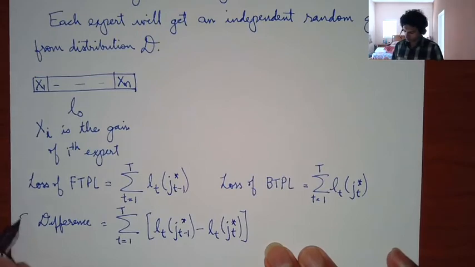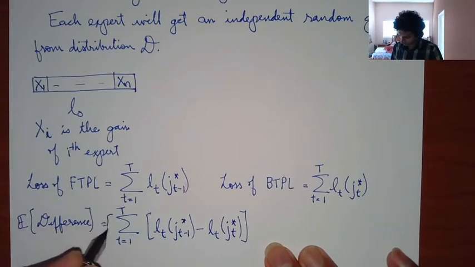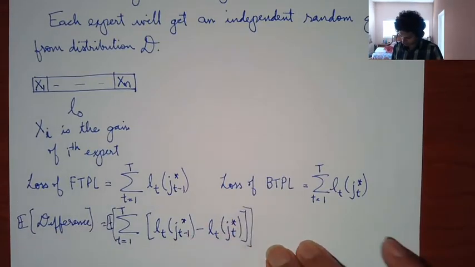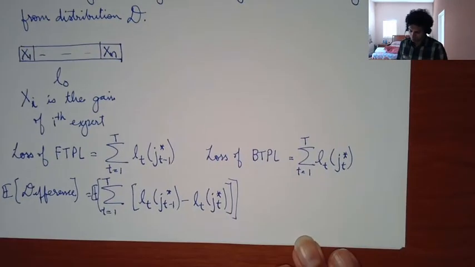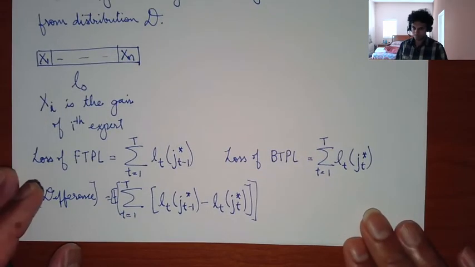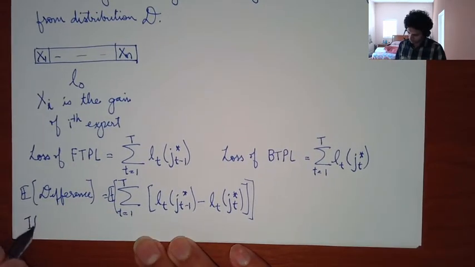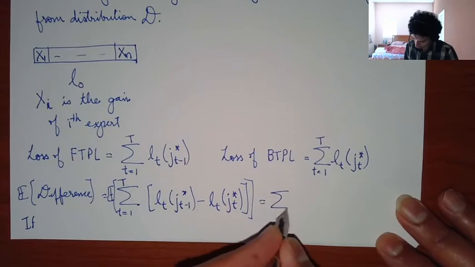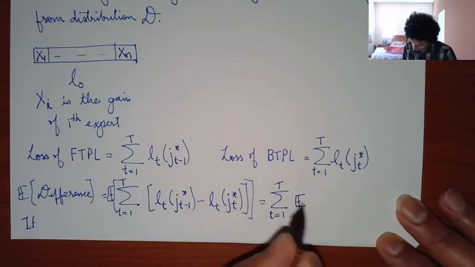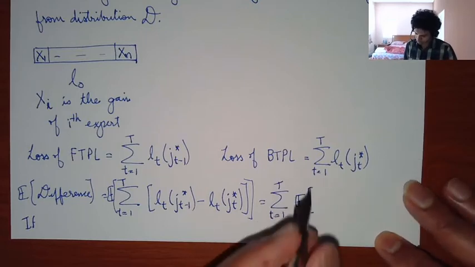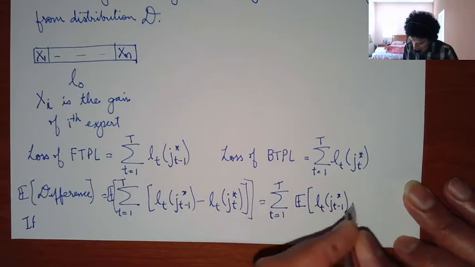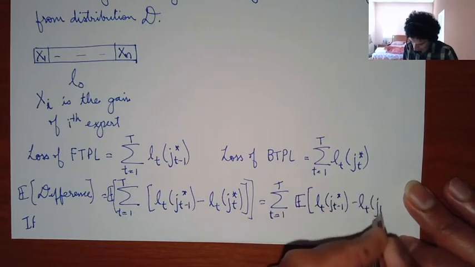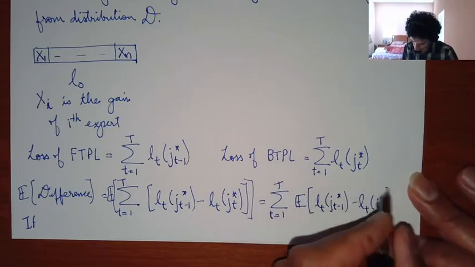Okay, and then we could take the expected difference, which is really the expectation of all of this. Alright, so here's the key. And let me write this out, just linearity of expectation, is the expectation of LT of J_{T-1} star minus LT of JT star.